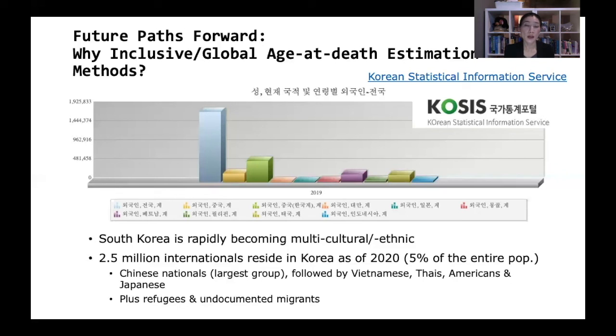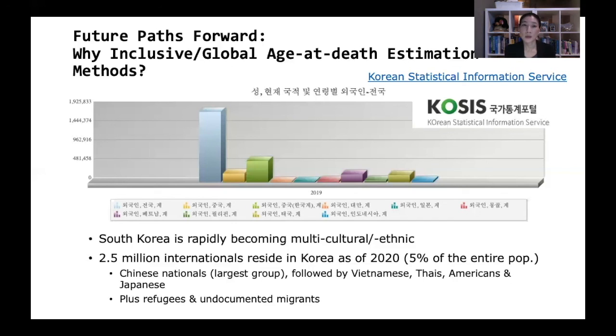As a first step to globalizing the forensic standards of South Korea, I think first we need to follow the best practice guidelines outlined by the international forensic science communities. But at the same time, we should be able to accommodate the fast-growing multi-ethnic communities in South Korea on top of those basic methods specifically aimed at individuals of Korean descent.